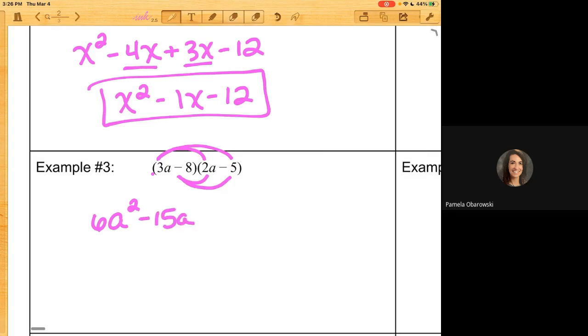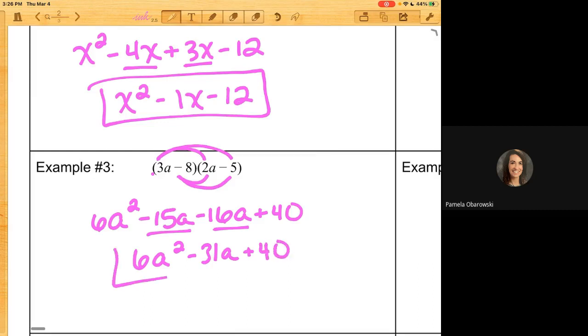Negative 8 times 2a is negative 16a. Negative 8 times negative 5 is positive 40. Combining like terms, I get 6a squared minus 31a plus 40. That, again, is written in standard form for a quadratic trinomial.